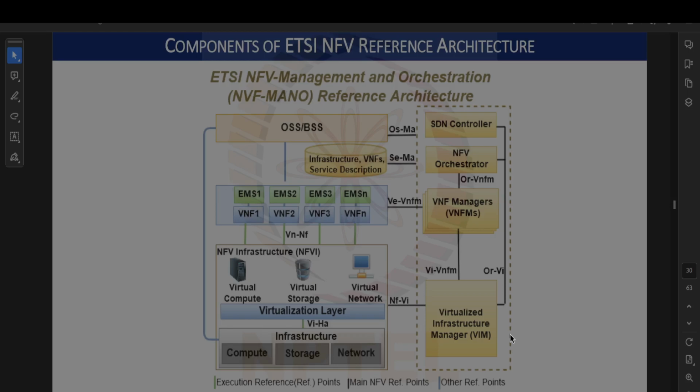So we have the NFVI here. We have compute, storage, and network. This is the actual hardware infrastructure. On top of this, we have the virtualization layer.